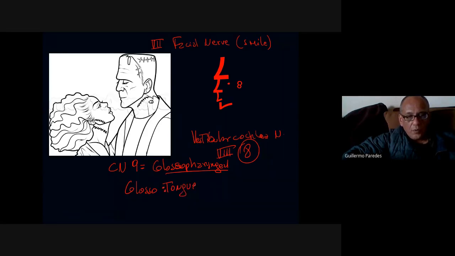So this is basically going to be the taste. The taste is located here in cranial nerve number 9. How to remember? Look at this, 9: this is the head, and this is the tongue. Number 9, glossopharyngeal, is also basically responsible for swallowing.